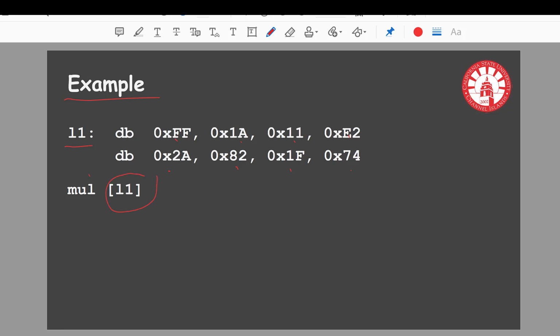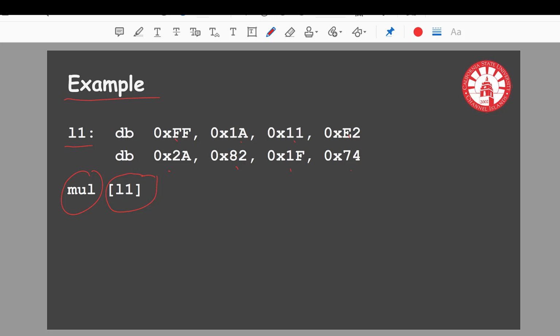So when we say multiply L1, depending on the length of L1, the multiplication operation is going to choose one of the values for the A register. It could be AL, AX, EAX, or RAX.